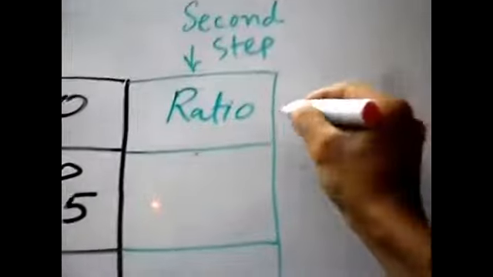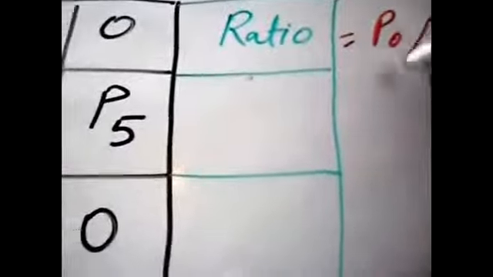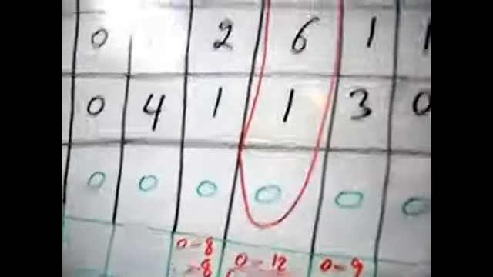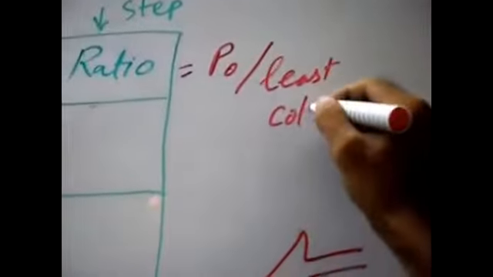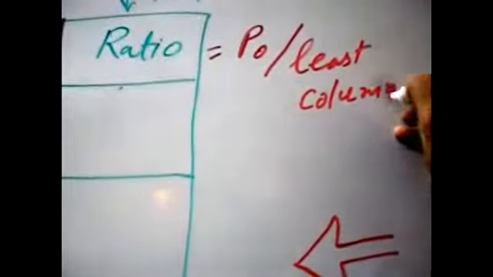How to calculate the ratio? The formula of the ratio is P0 divided by the least column numbers.